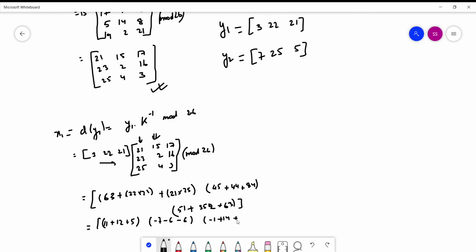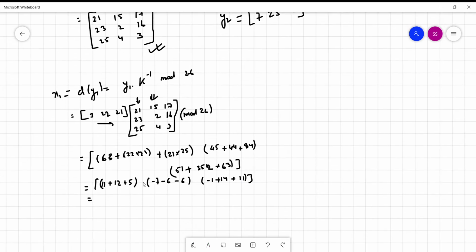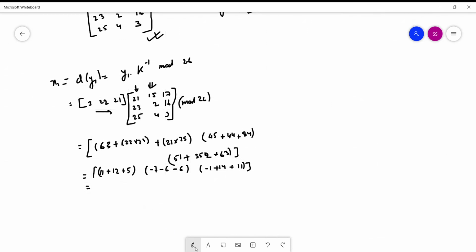And 63 is 11. Okay, so 11 plus 12 is 23, plus 5 is 28, so this will become 2.